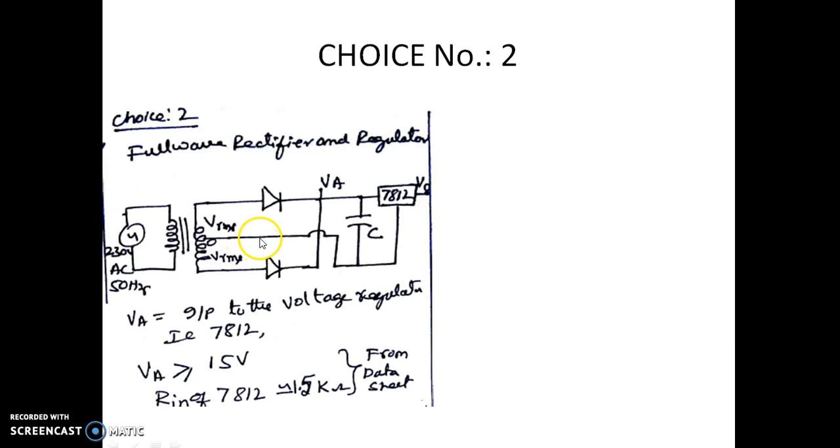The second choice is, instead of using a half-wave rectifier, we can use a full-wave rectifier. You can see we are replacing it by a full-wave rectifier. Again here we are using 7812, which requires more than 15 volt. We know that Rin of 7812 is close to 1.5 kilo ohms.